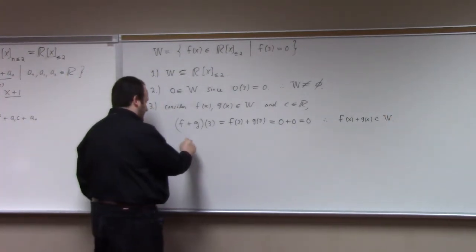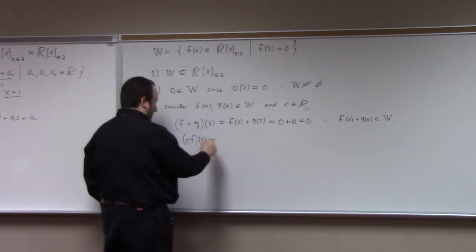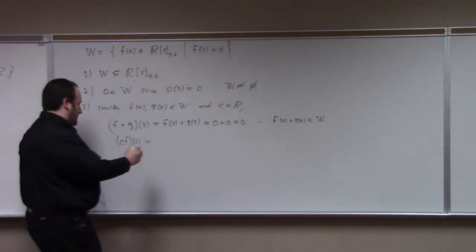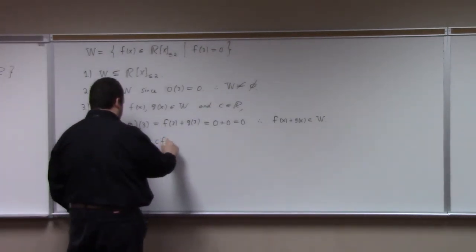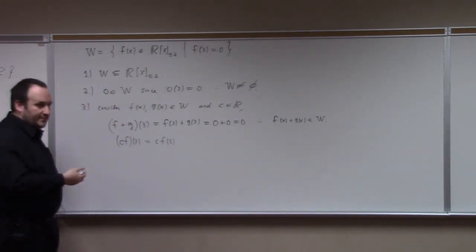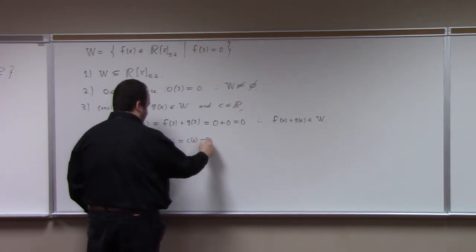And what if we look at c times f of 3? What's that give us? Again, definition, pre-calculus stuff, college algebra, what do you want to call it? c times f of 3, but f of 3 is 0, c times 0 is 0.